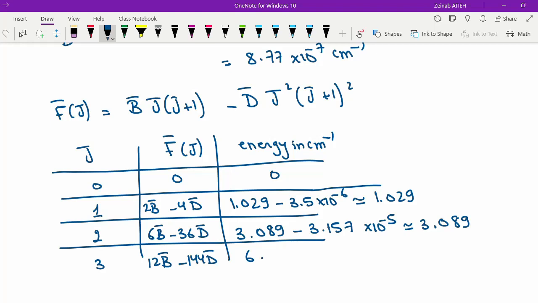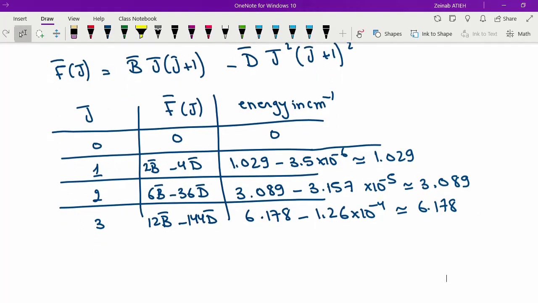It's 6.178 minus 1.26 times 10 to the power minus 4, which is approximately equal to 6.178. So you can see that the correction is negligible in this case.